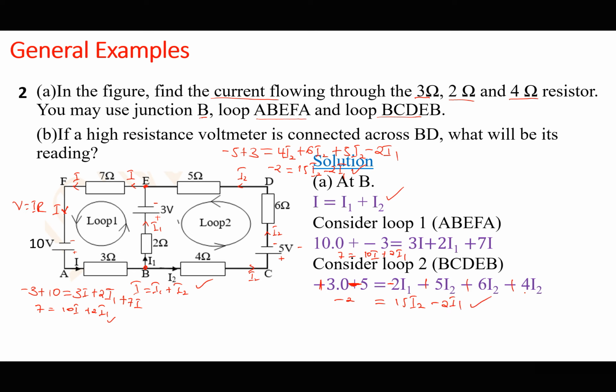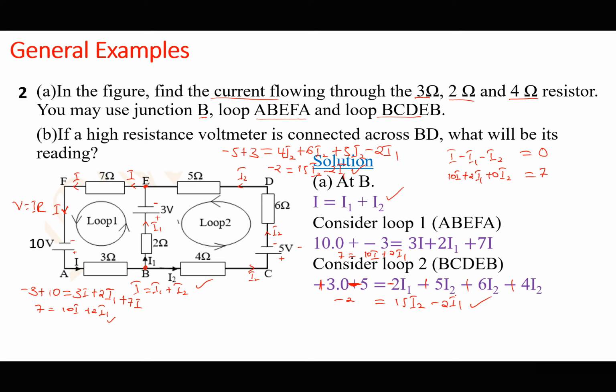So we can now solve these equations. The easiest way is to rearrange them. So I can say I minus I1 minus I2 equals 0, because there are only 3 unknowns. Then the second equation I'm rearranging, so it will be 10I plus 2I1. There is no I2 to solve, so plus 0I2 is equal to 7.